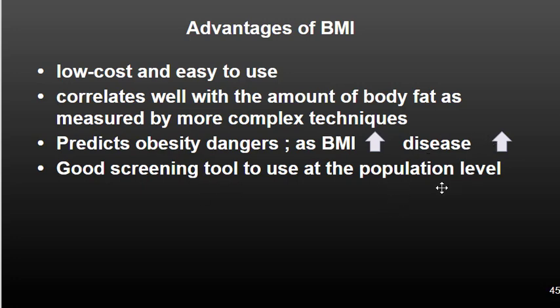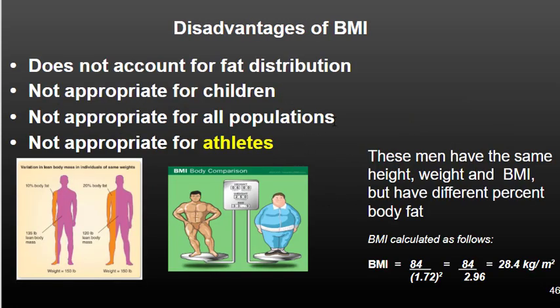Now, some of the disadvantages of using BMI is it doesn't really tell you exactly where the fat is being distributed in the person. You need to make sure you're using the right charts because you need the appropriate charts for children or various populations. And we can't really use it for athletes because we've seen this worked example at the bottom here.